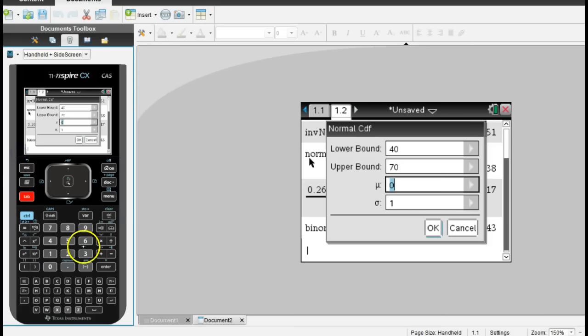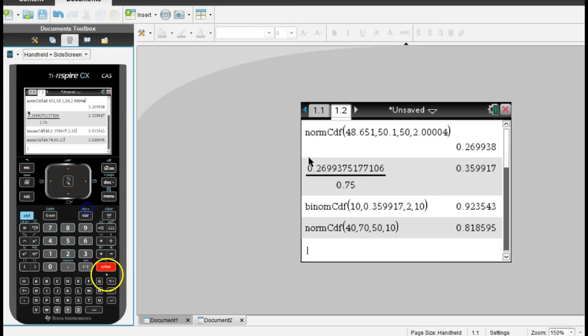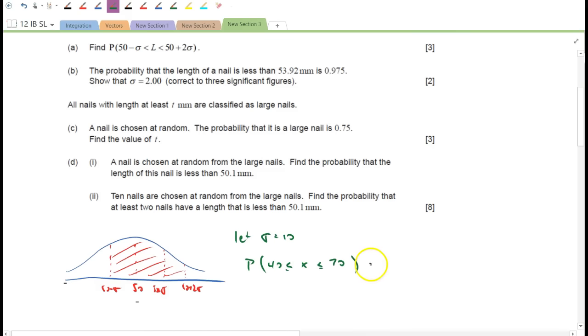The upper bound is 70, then 50 is our mean, and our standard deviation is 10. That allows for 1 below and 2 above. Tab across to OK, hit enter, and we get 0.819. So let's lock that in as a value: this is equal to 0.819 to 3 significant figures, and that's part A done.